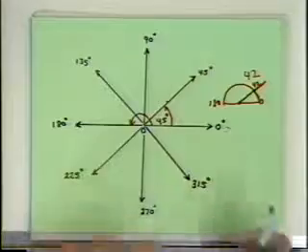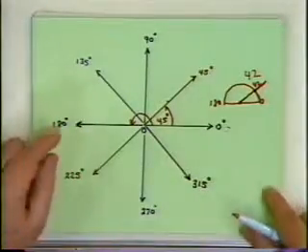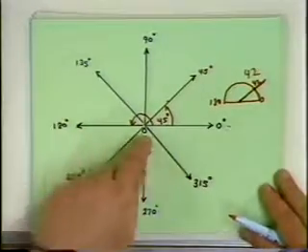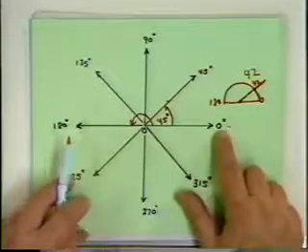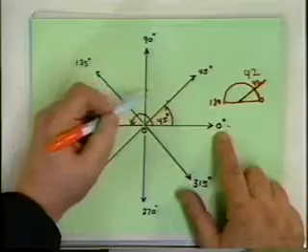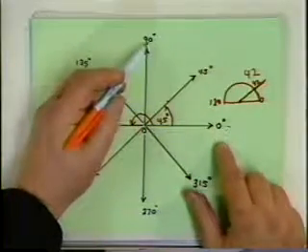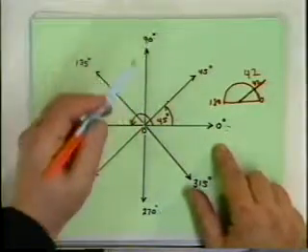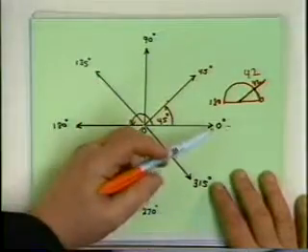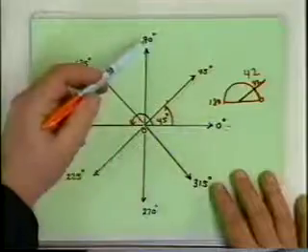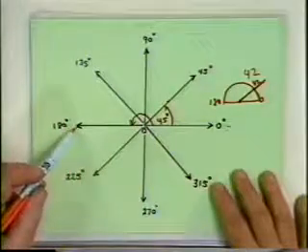By the way, going back to the idea of 12 o'clock and 6 o'clock, we'll start measuring in this direction. This would be a 0-degree angle. Now if you go 1/4 of the way around the circle, 1/4 of 360 is 90. So this would be a 90-degree angle. Instead of saying 3 o'clock, this is 0. This is 90 degrees. This direction is 180 degrees.